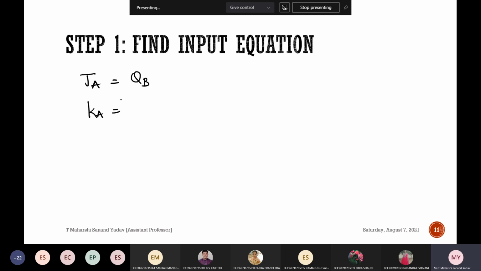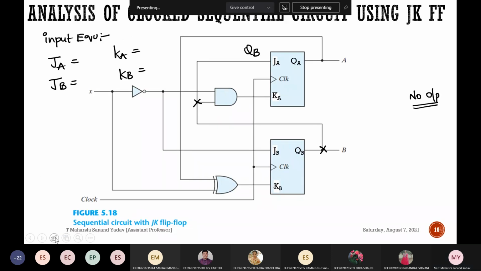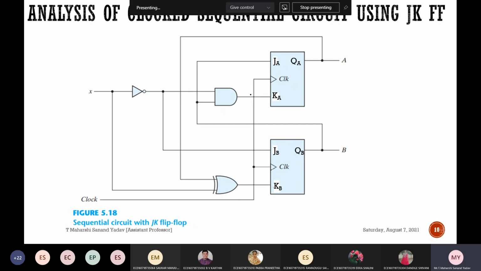Similarly, tell me for KA. For KA, check these two nodes. One node is connected to QB, and this one is connected to X bar.